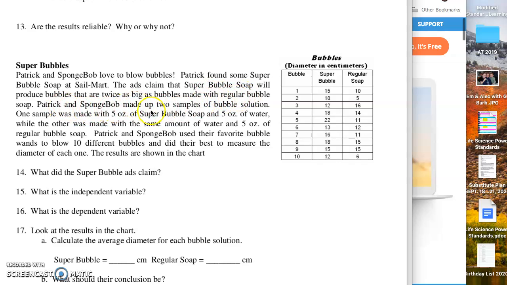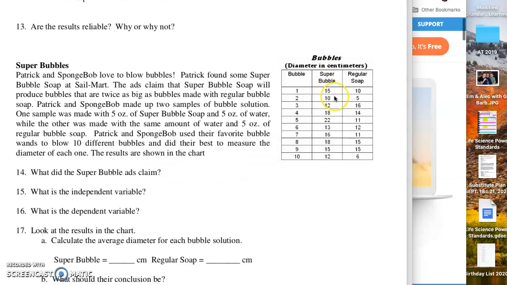Patrick and SpongeBob made up 2 samples of bubble solution, one sample with 5 ounces of super bubble and 5 ounces of water, while the other was made up with the same amount of water and 5 ounces of regular bubble soap. Patrick and SpongeBob used their favorite bubble wands to blow 10 different bubbles and did their best to measure the diameter of each one. The results are shown in the chart.